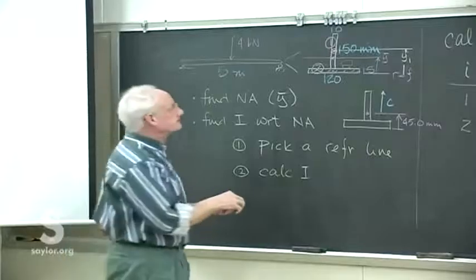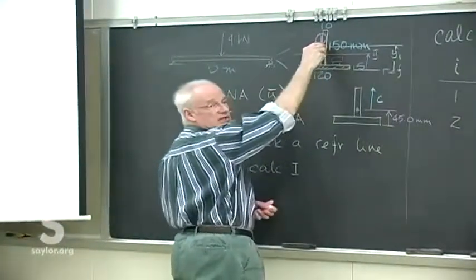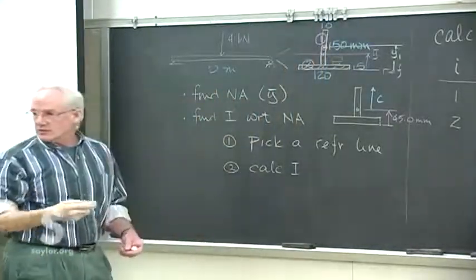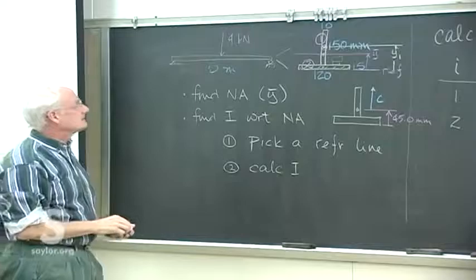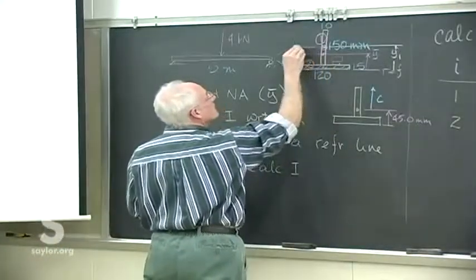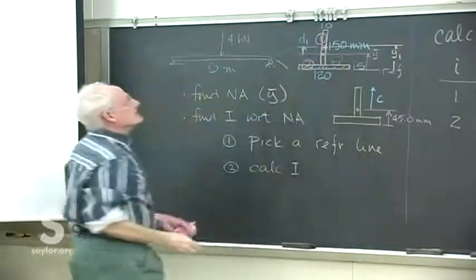D is the location of the centroid for the individual piece with respect to the neutral axis. So for piece 1, it's that distance.